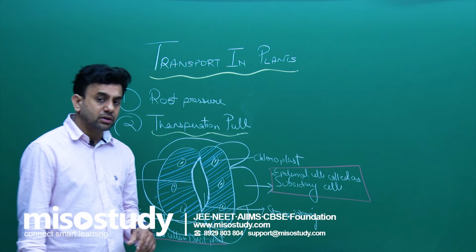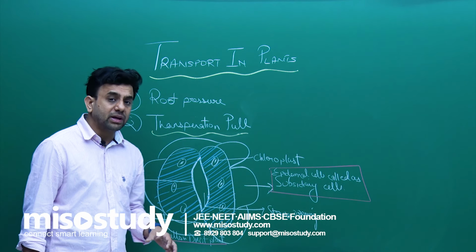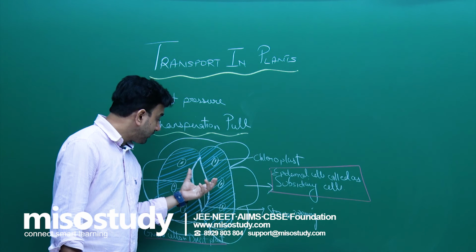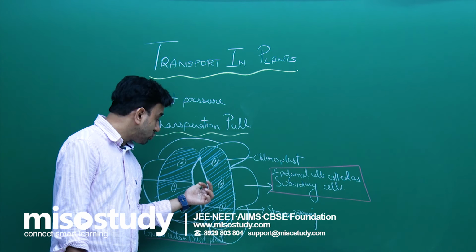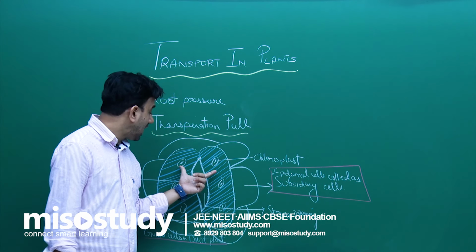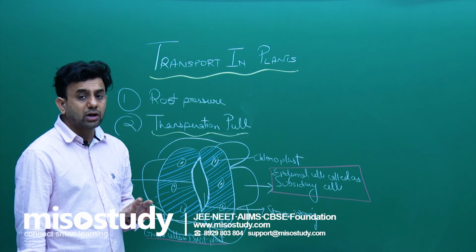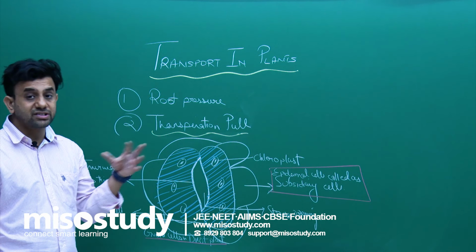So what happens when the guard cell has to open? The stoma opening opens only when the guard cells are turgid. And how do the guard cells become turgid? See, there are two concepts or two hypotheses related to this.